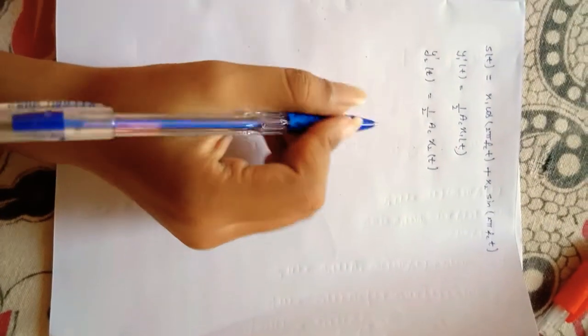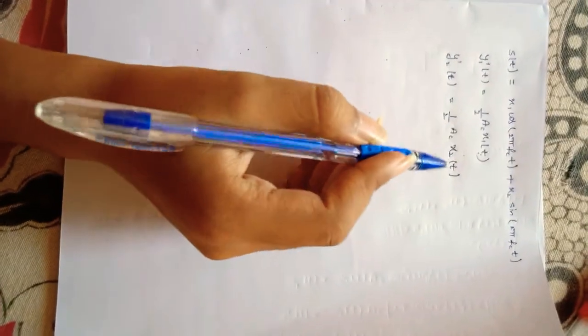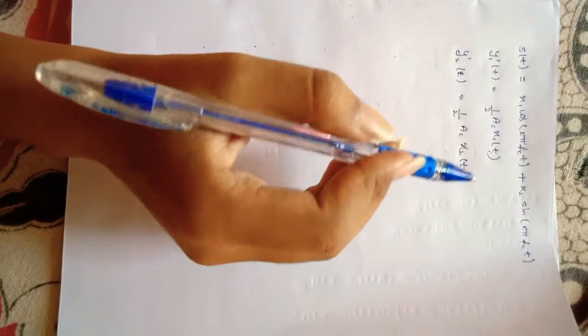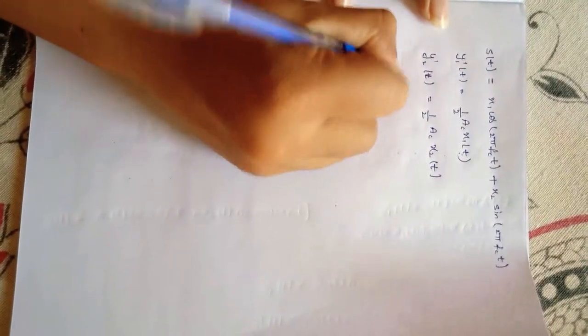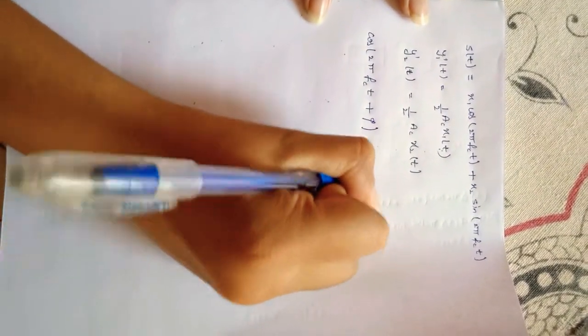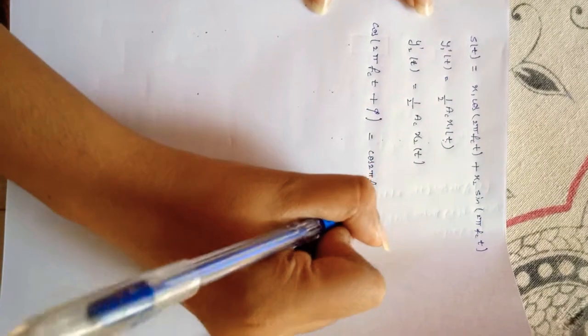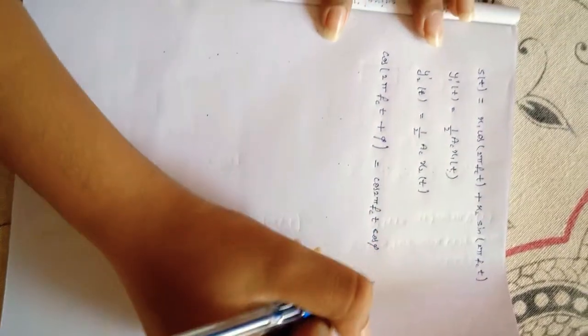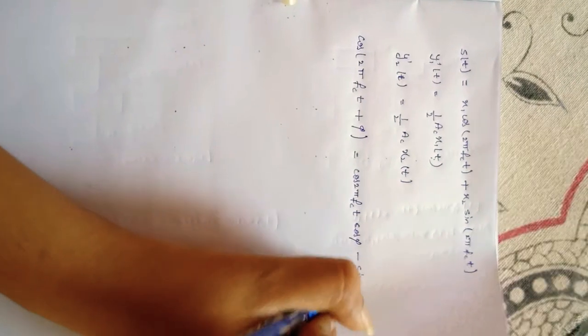Now according to the question, when the local carrier has a phase error phi, we may write cos(2πfct + phi), which is cos 2πfct cos phi minus sin 2πfct sin phi.